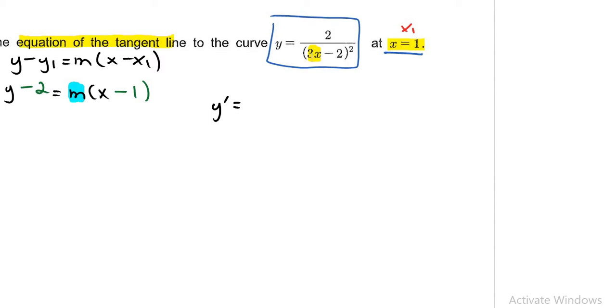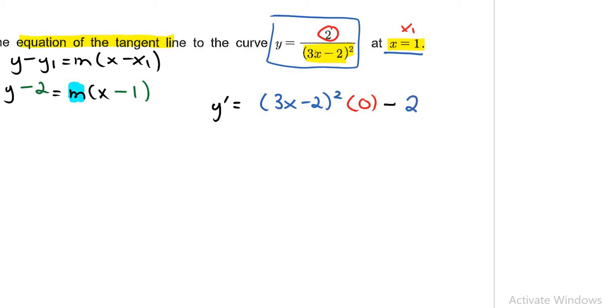The quotient rule states that you take the bottom and you rewrite that on the numerator as (3x minus 2) all squared. Then you take the derivative of the numerator, and the derivative of 2 is 0. Then there's a minus sign, and then you write out the numerator as 2.